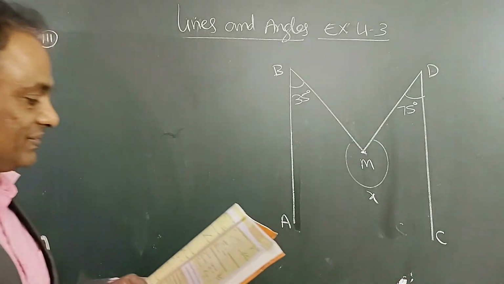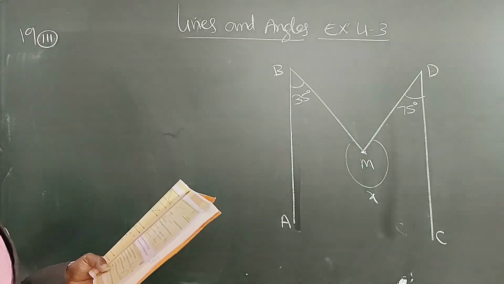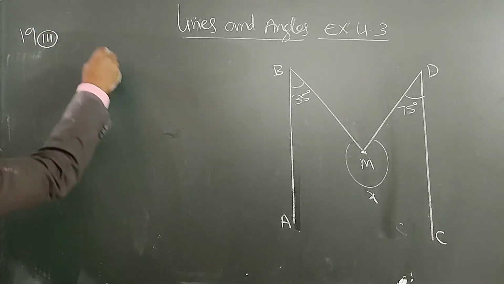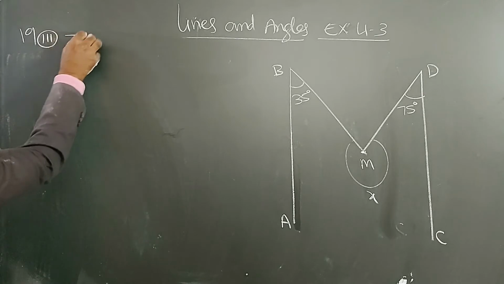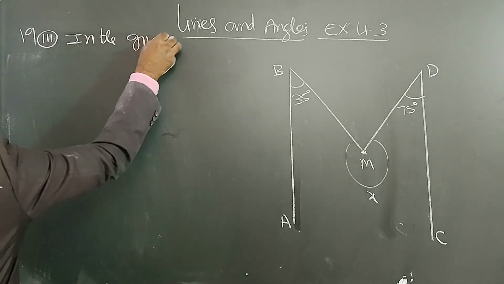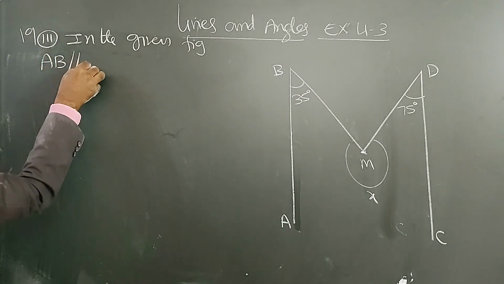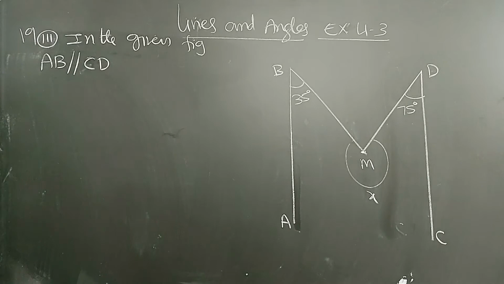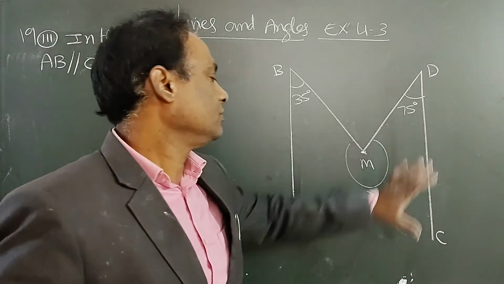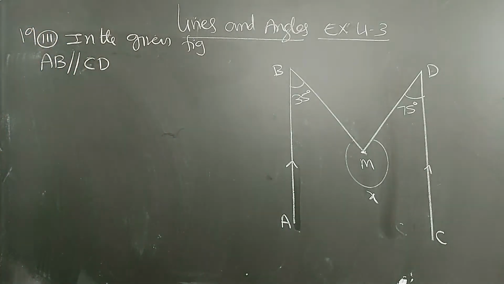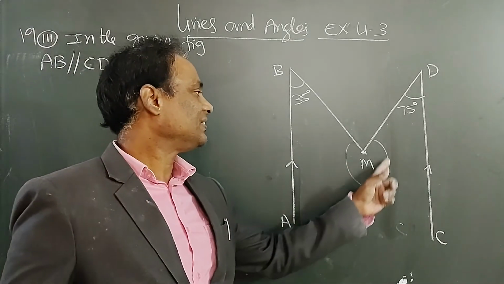That is the question. Write down, students: in the given figure, AB parallel to CD. It is given. We have to find this total angle.